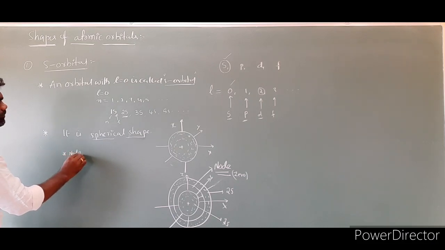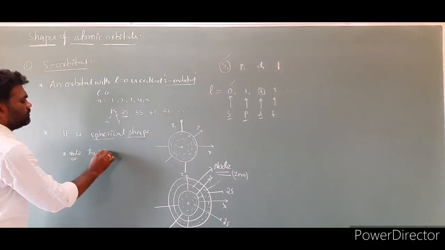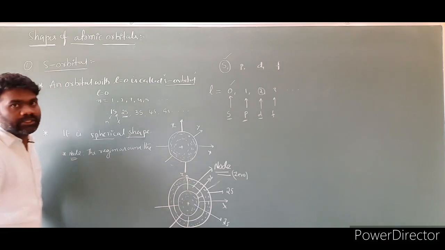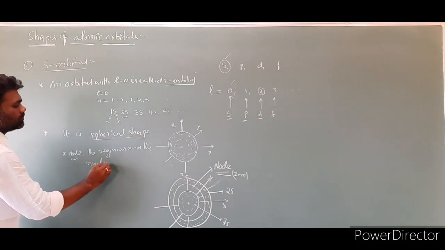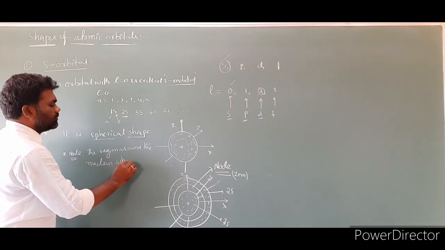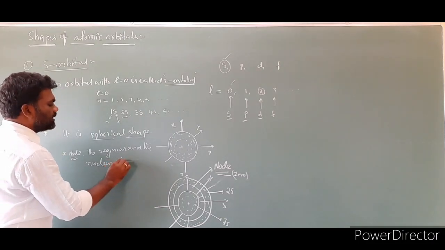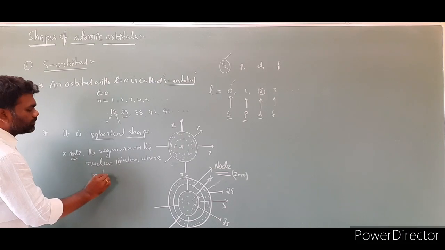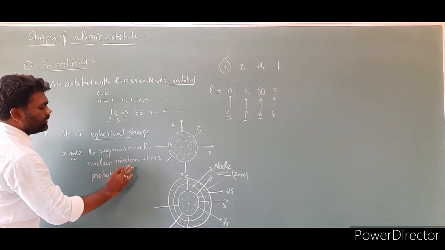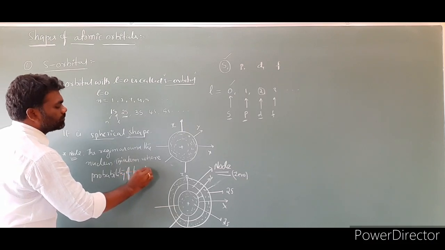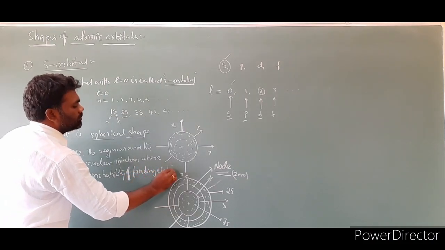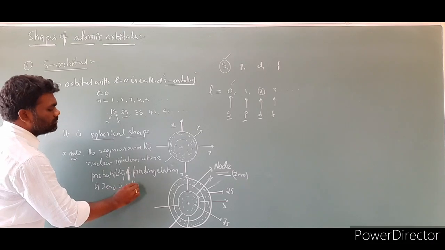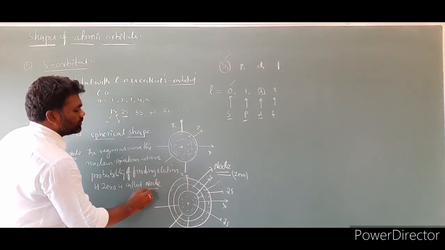Node: the region around the nucleus in an atom where the probability of finding an electron is 0 is called a node.